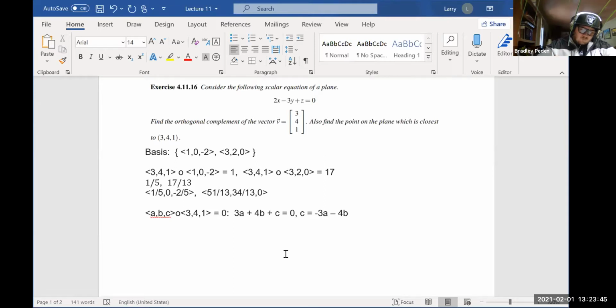Okay, so if you want to find a basis for the orthogonal complement, what we know is that a and b are the free variables here, the way I've written it at least. Is that clear? Because that way I don't have fractions. So if I let a be 1 and b be 0, I get (1, 0, -3).